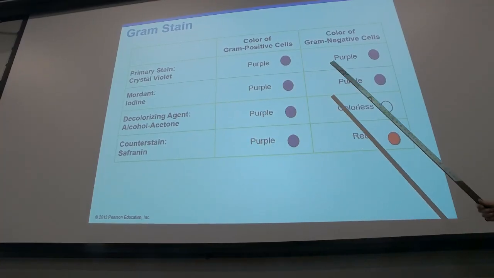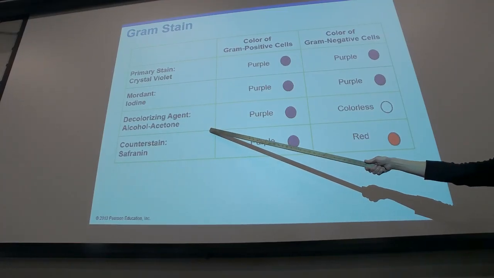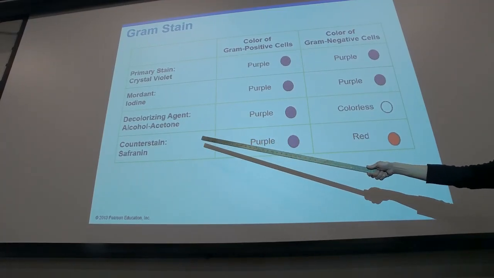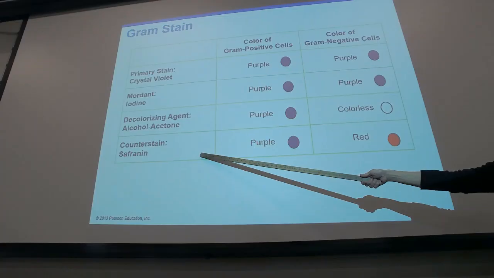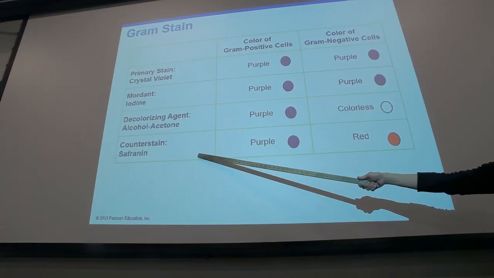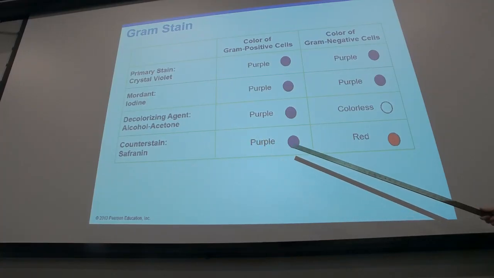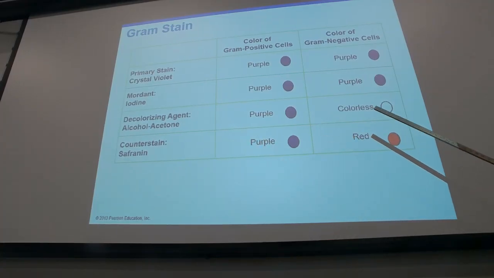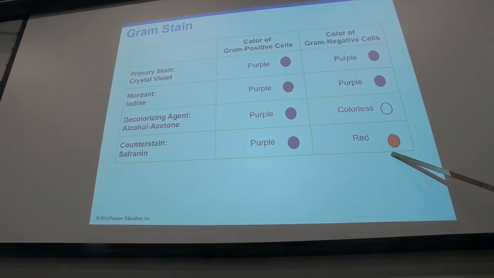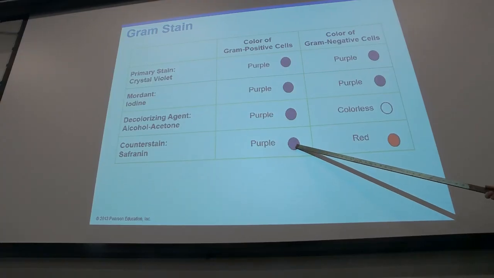And then in the last step, after you rinse the decolorizing agent, you will add safranin. You leave it there for 1 minute, and then you rinse.